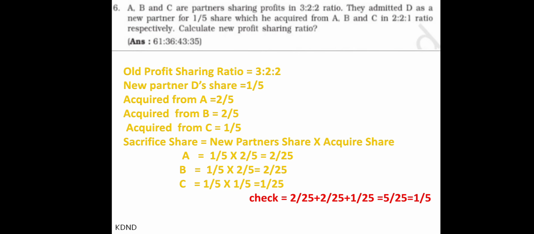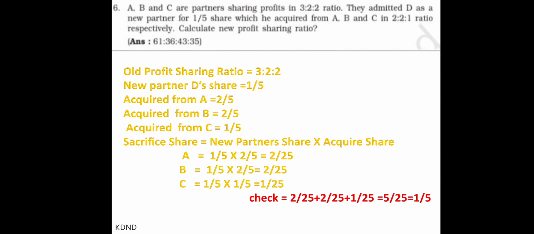Then comes the sixth sum. A, B and C are partners sharing 3:2:2. They admitted D as a new partner with 1/5 share, which he acquired from A, B and C in 2:2:1. Calculate the new profit sharing ratio. Same pattern, same sum.